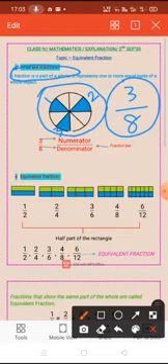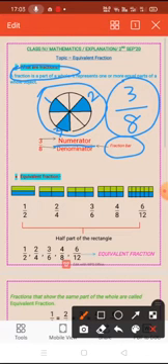In a fraction, the number which is on the top, we call it the numerator, and the number which is at the bottom, we call it the denominator. So D for denominator and D for down. Remember this thing, children. The middle line is known as the fraction bar.